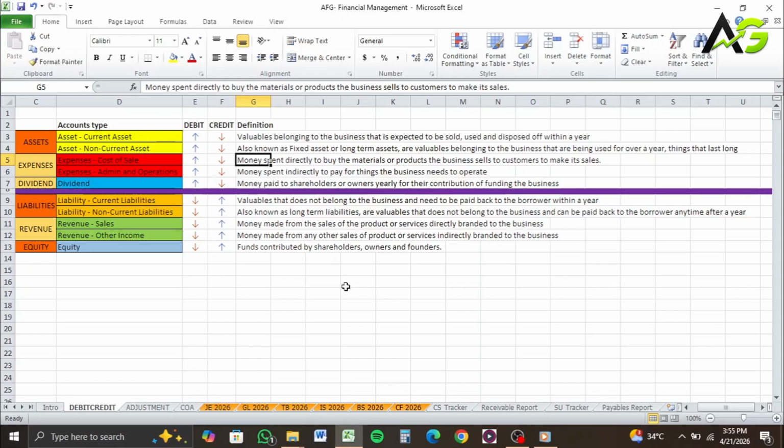It will then change from inventory to cost of sale. It's no more inventory because it's not in your warehouse anymore. It has gone. So the money that you used to buy it will now be classified not as inventory anymore, but as cost of sale.